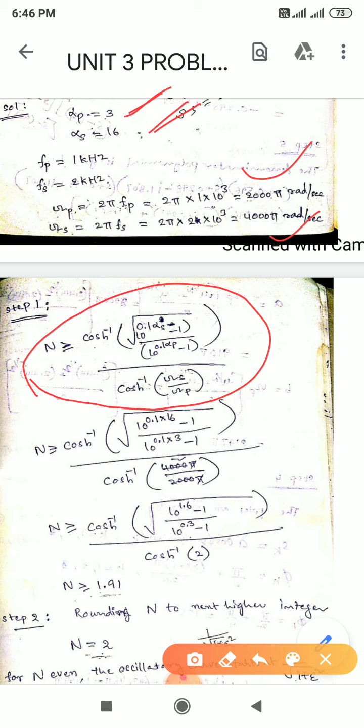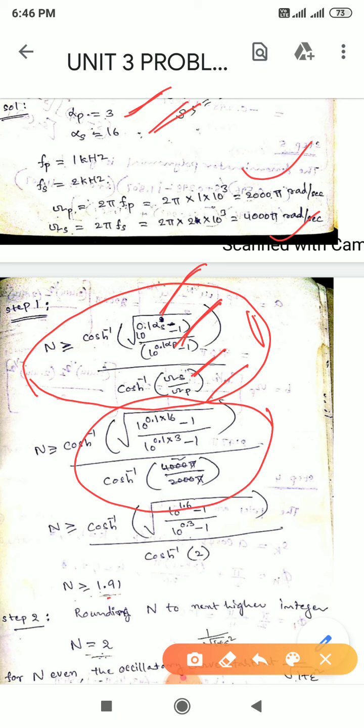Here we are substituting alpha s, alpha p, omega s and omega p. We know those values. Substituting here, we are calculating this value.